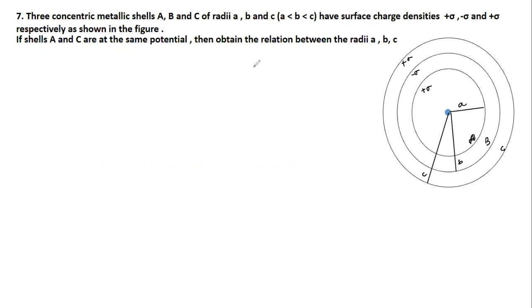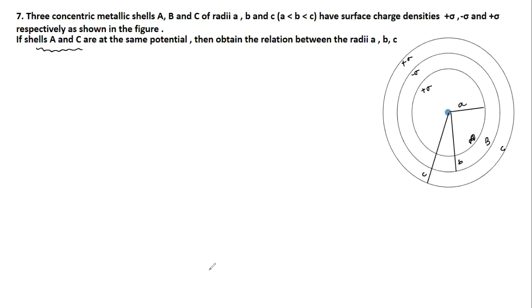We have to find the relation between the radii a, b, c when shells A and C have the same potential. Let's recall the potential concept related to a metallic shell.